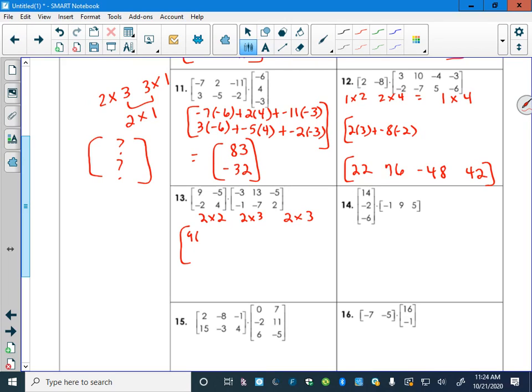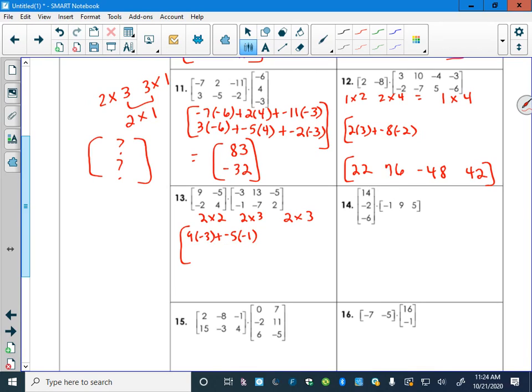So I would do 9 times negative 3 plus negative 5 times negative 1. Then I would do first row, second column, I'd put it here. First row, third column, put it here. Second row, first column here. Second row, second column there. Second row, third column there.